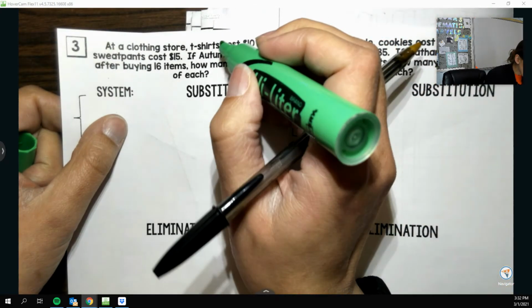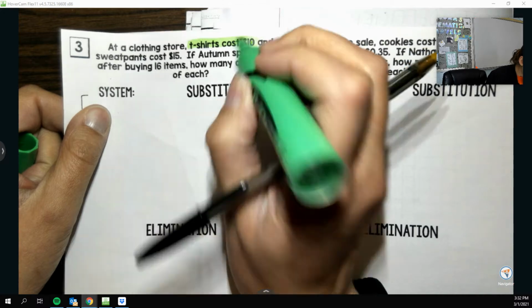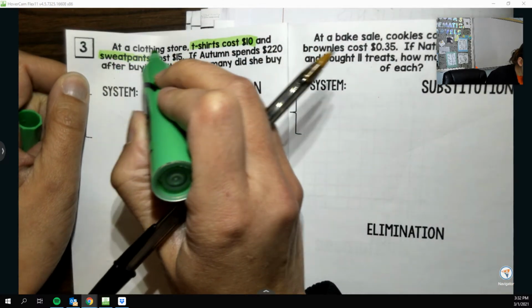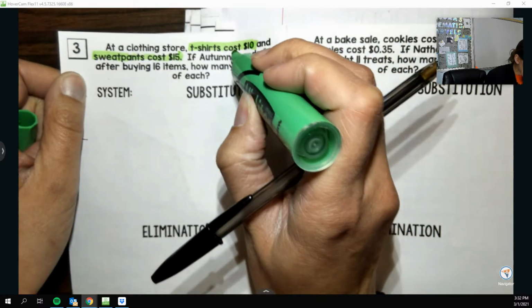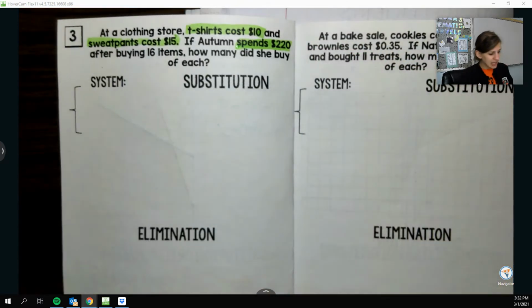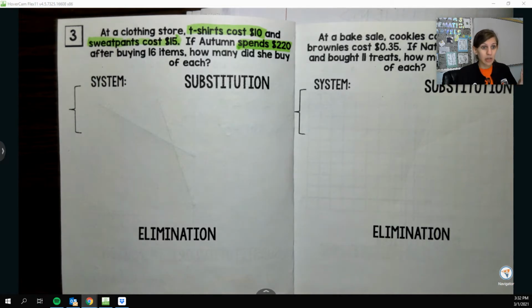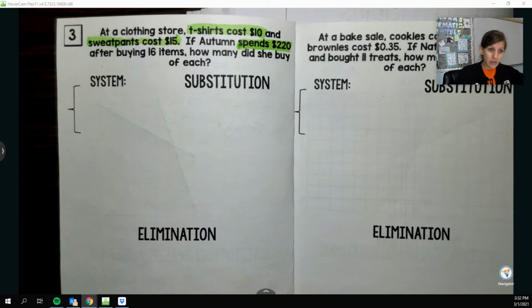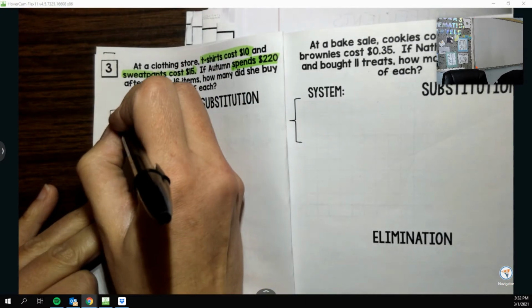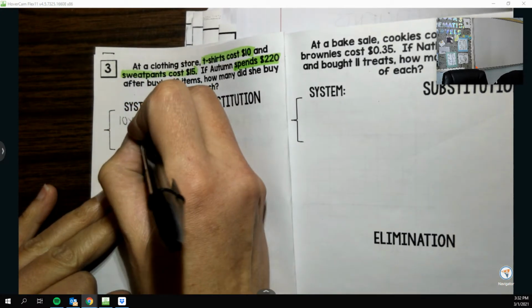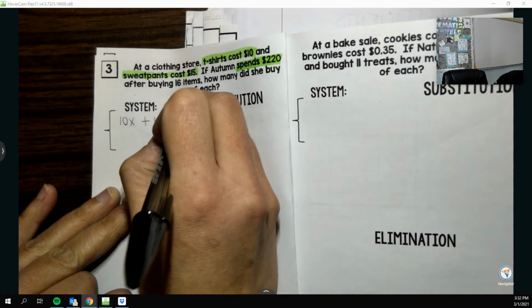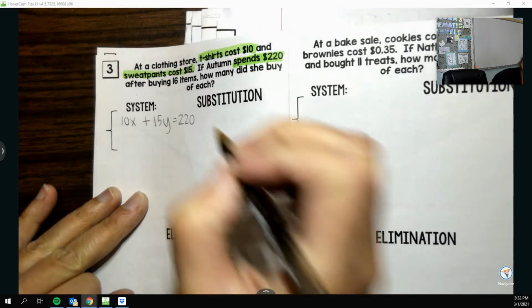But this thing where we're talking about t-shirts costing some amount of money and sweatpants costing some amount of money and me spending a total of some amount of money, all the money equation or money numbers go together in one equation. And it's going to be standard form because for every t-shirt is $10. And for every sweatpants, it's $15. So we're looking at 10x plus 15y equals 220.